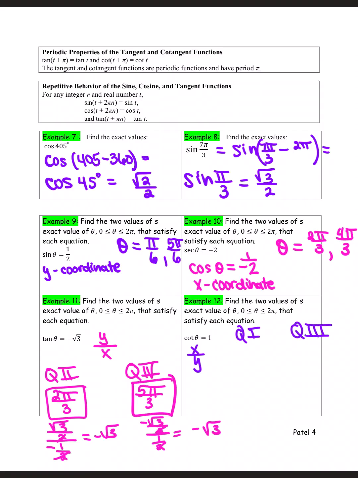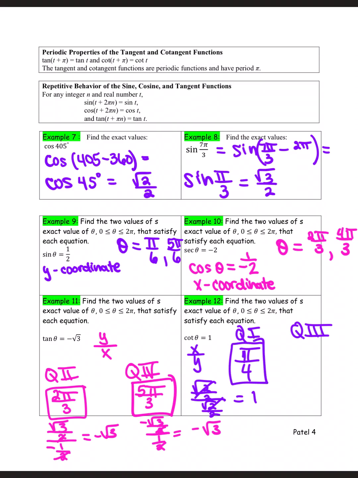So where does the x value and the y value equal each other? It's at square root of 2 over 2 comma square root of 2 over 2, which is at 45 degrees or pi over 4, because we have square root of 2 over 2 over square root of 2 over 2, and that just gives me 1, which is what I want. So we know pi over 4 is the solution.